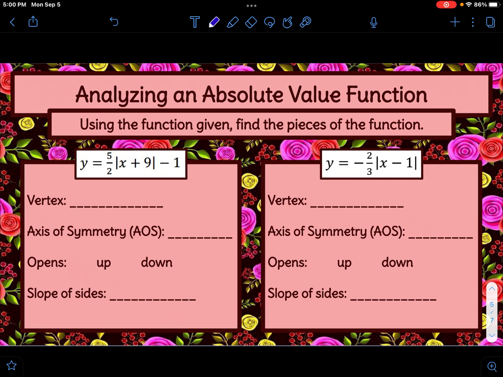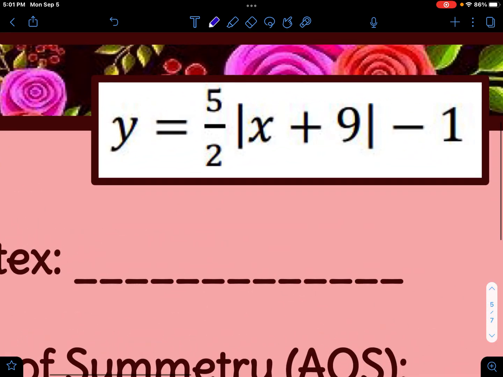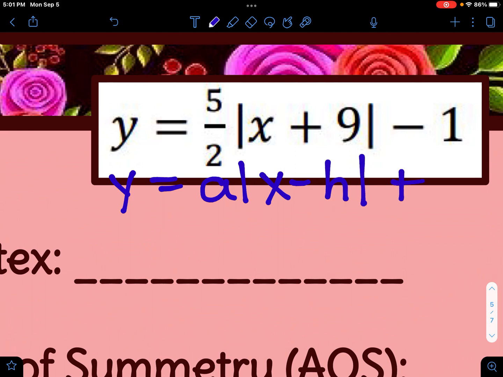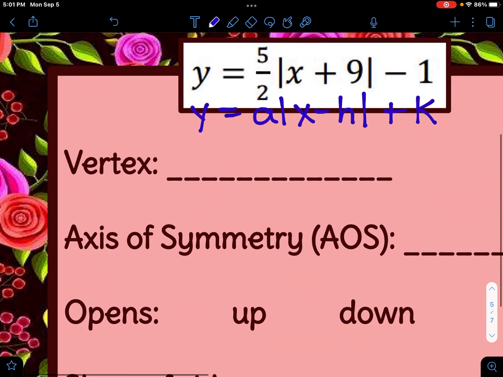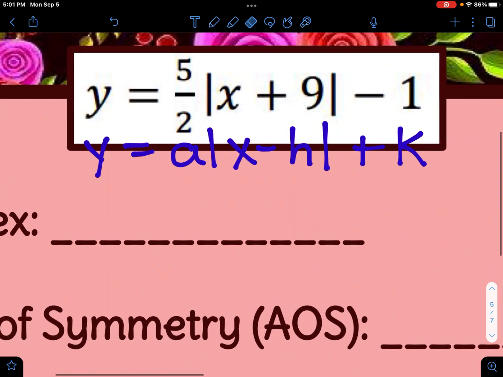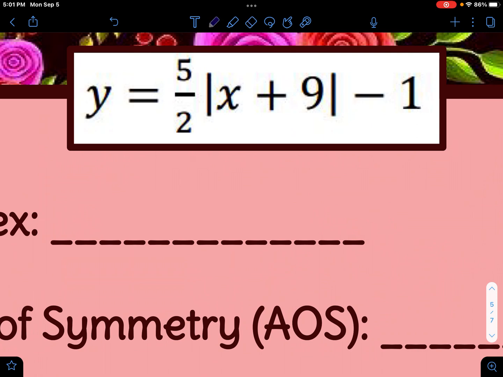Okay. Analyzing an absolute value function. Using the function given, find the pieces of the function. So the vertex. First of all, it might be helpful for you to write the standard algebraic form. Let's do that in a better color so you can see it. I bet yellow would work.